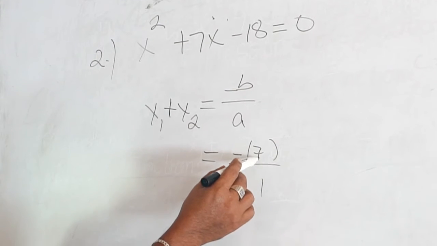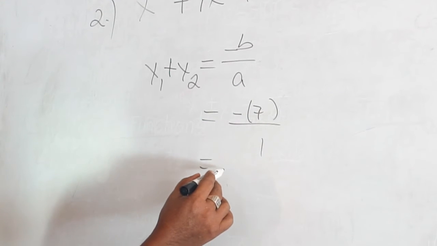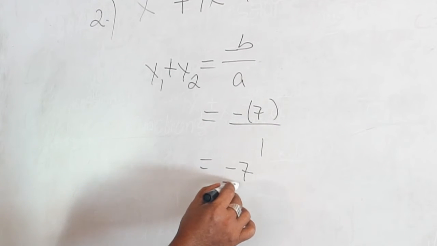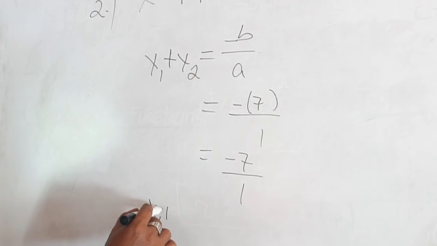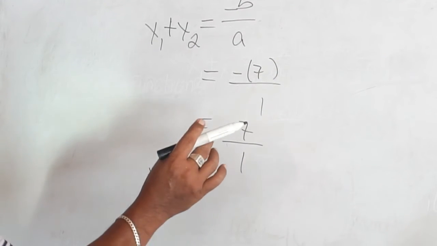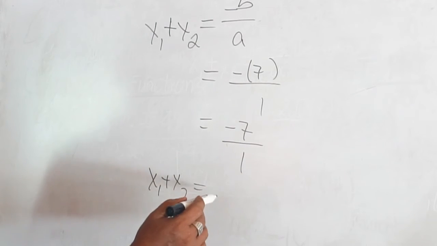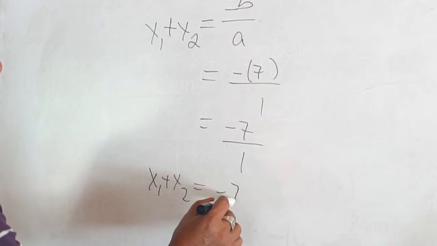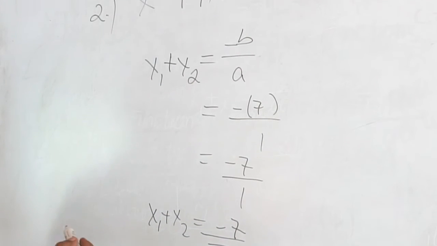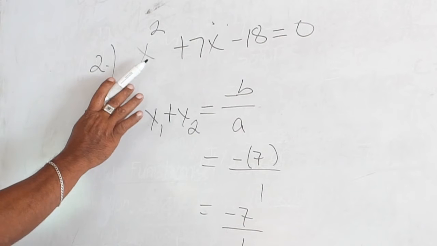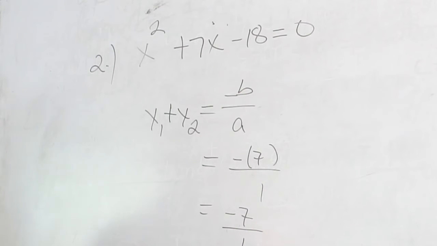Positive 7 multiplied by negative is negative 7, then divide it by 1. So the sum is equal to negative 7 divided by positive 1. The result is negative 7. So this is now the sum of the quadratic equation x squared plus 7x minus 18 equals 0.